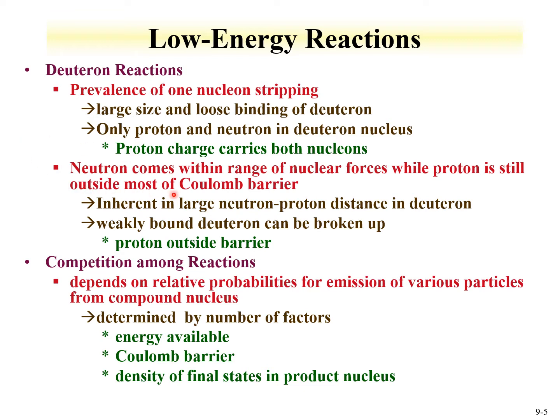Some of these reactions can actually occur where the neutron can penetrate the nuclear barrier while the proton is still outside most of the Coulomb barrier. This is due to the inherent large neutron-proton distance in deuterium. This weakly bound nucleus, H-2, can be broken up. The proton remains outside the barrier. So it's a way of having neutron reactions that exploit the charge of the proton, so you can fundamentally have these neutron-based reactions in an accelerator.